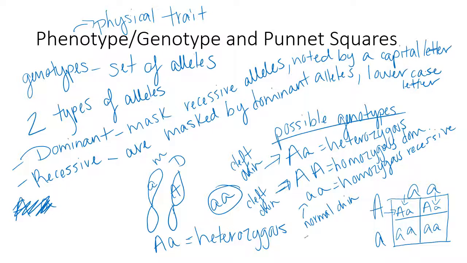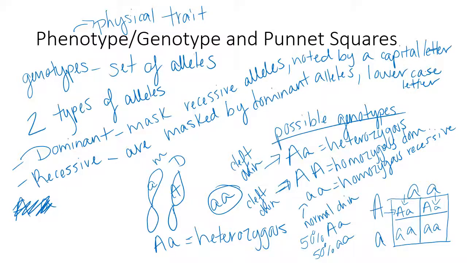So we have a 50% chance of genotype of our kids, if he's heterozygous, of our kids being heterozygous, and a 50% chance that our kids will be homozygous recessive.